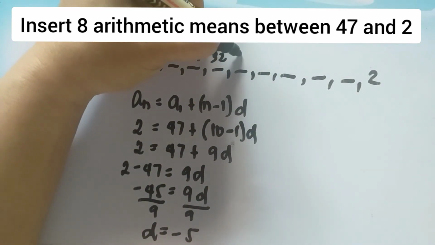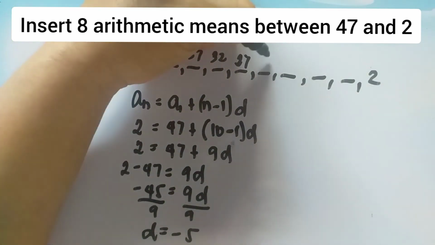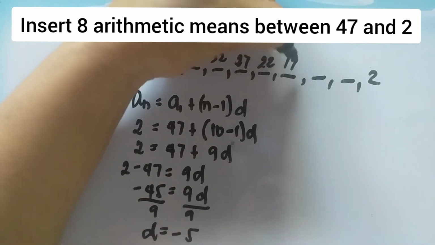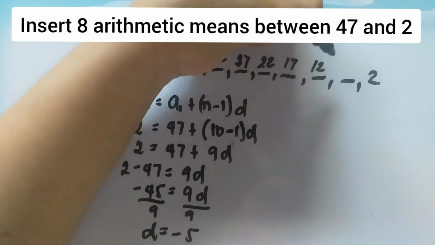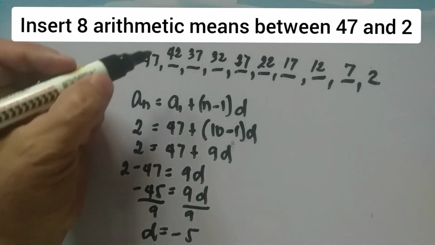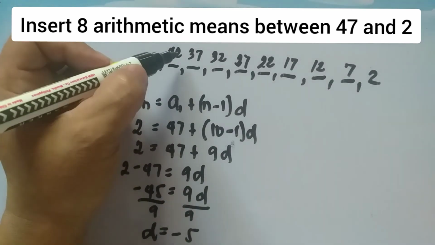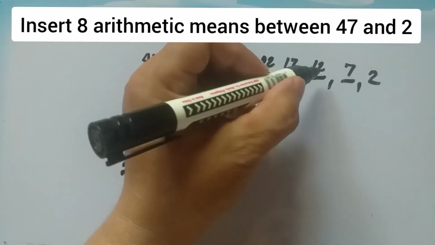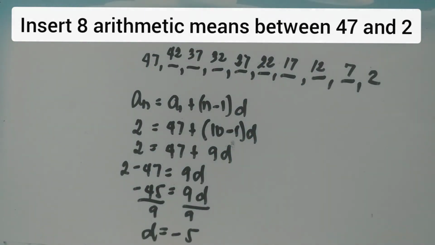Then we have 27, 22, 17, 12. Then we have 7. So we have these 8 arithmetic means: 42, 37, 32, 27, 22, 17, 12, and 7.